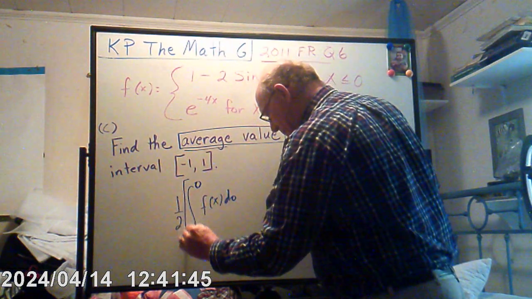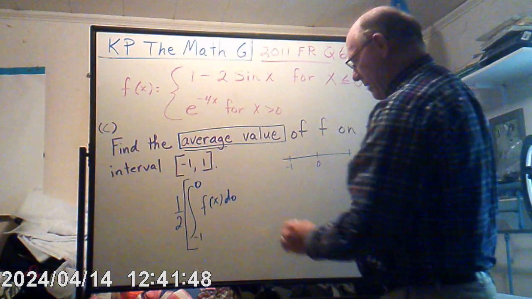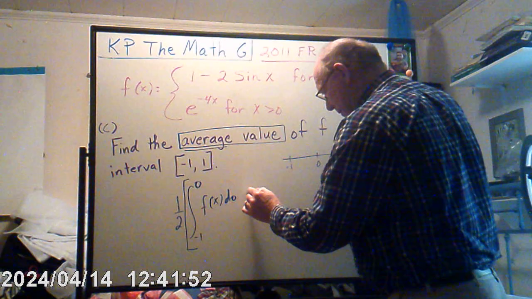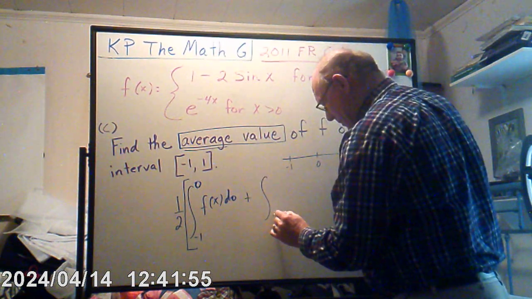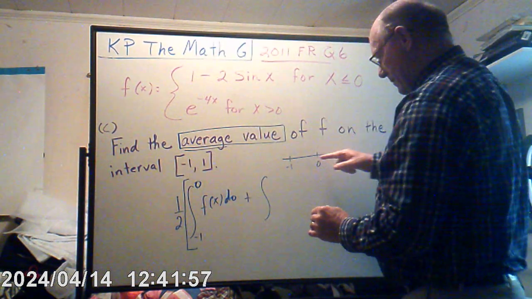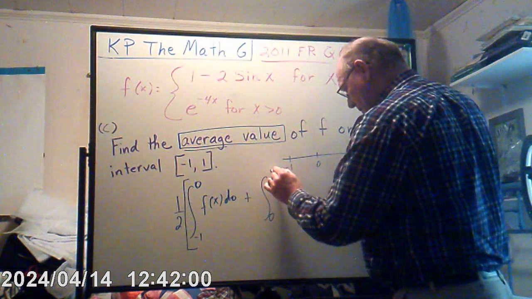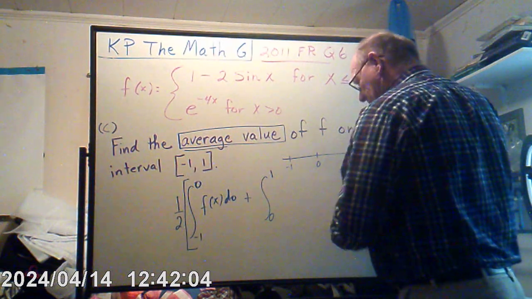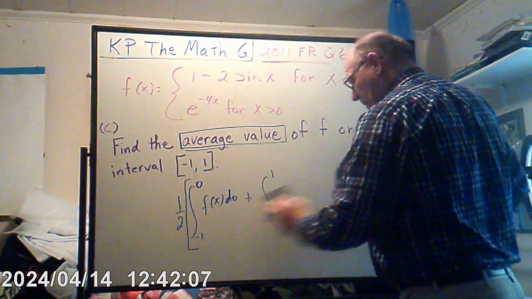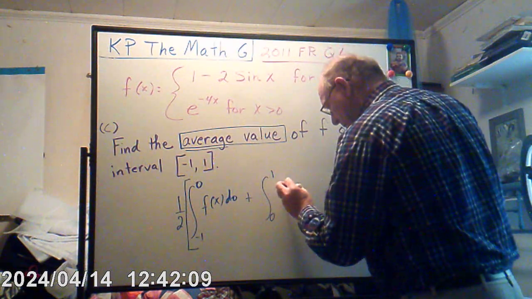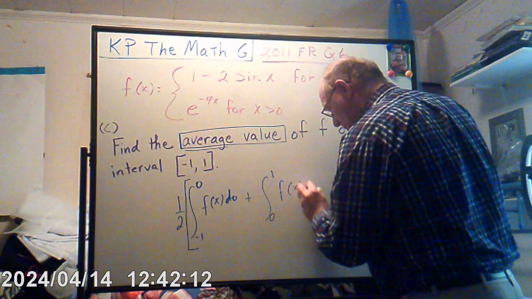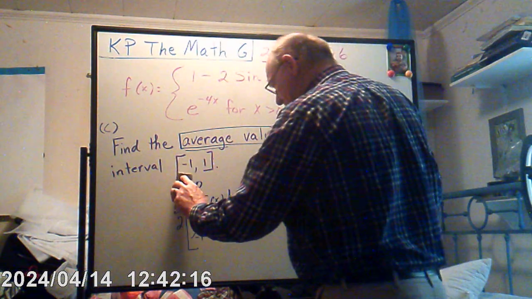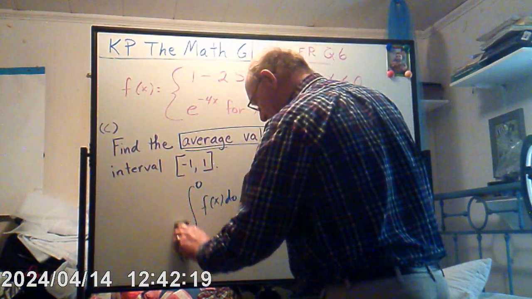Alright, we're going to do that, and then we're going to do plus from 0 to 1, f at x dx. And what we're going to do is we're going to multiply by the 1/2 later.